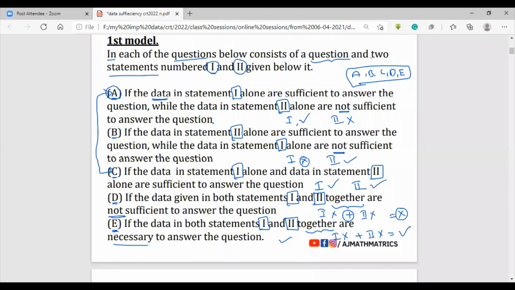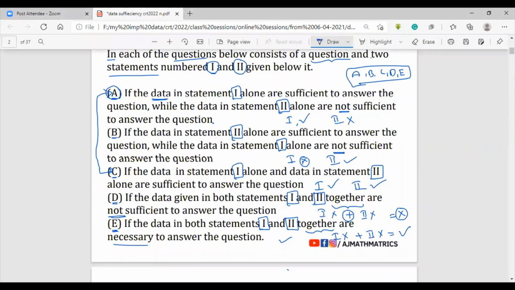Option A means what, B means what. Just read the statements, then you can easily understand. I wrote everything very clearly here, so I think by reading these statements, you won't get any confusion.